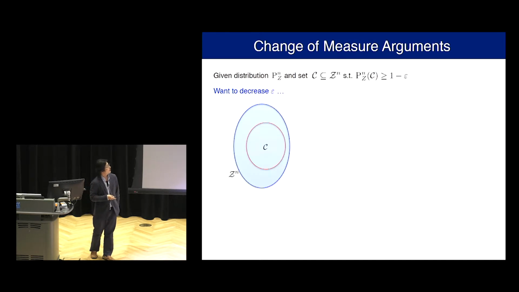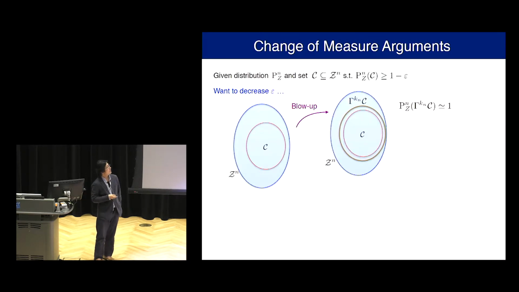So now let me explain what the change of measure argument is. We are given an IID distribution P_{Z^n} and a set C, such that the probability of this set is at least 1 minus epsilon. And when we prove strong converse, we would like to decrease the error probability epsilon somehow. One way to do that is blowing up the set C. So we blow up this set a little bit.